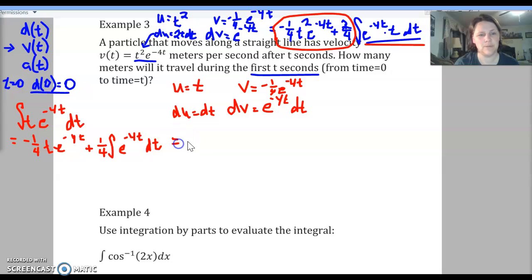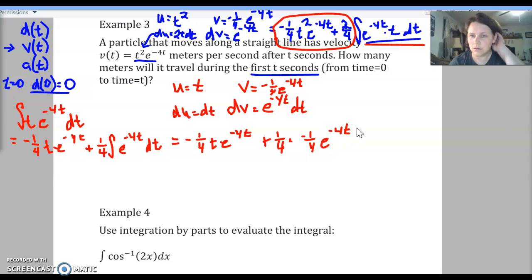Okay, so keep going. That equals negative 1/4 t e to the negative 4t plus 1/4 times the integral of e to the negative 4t, which is negative 1/4 times e to the negative 4t, plus c.